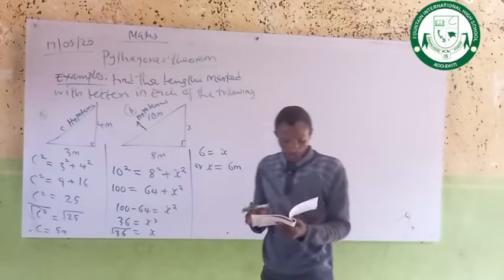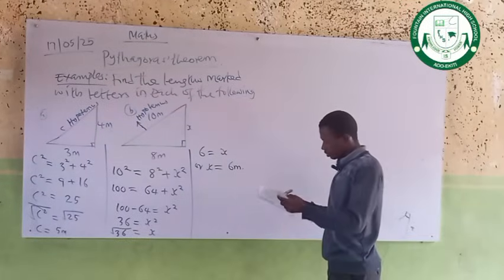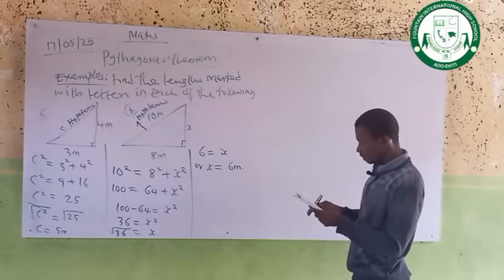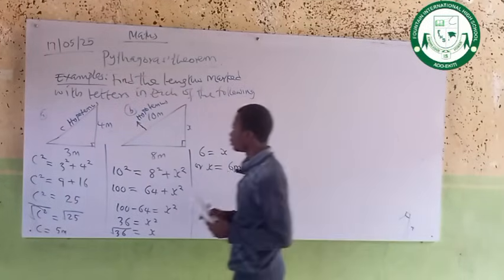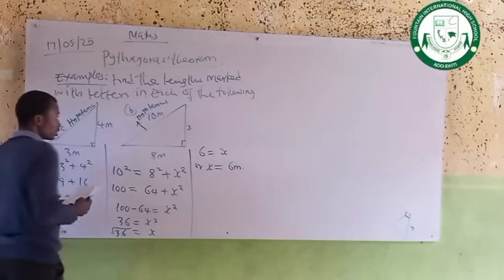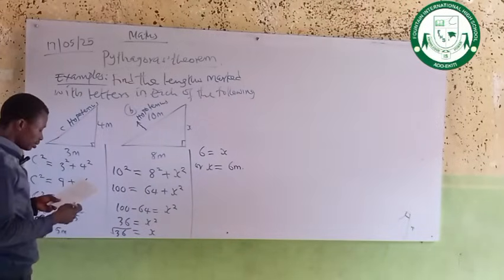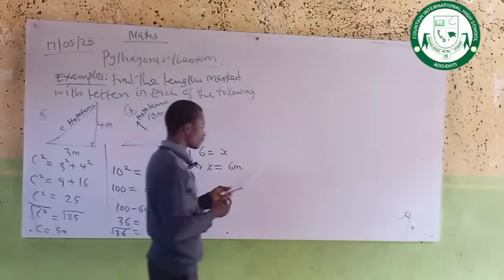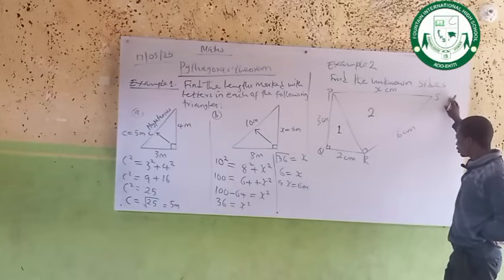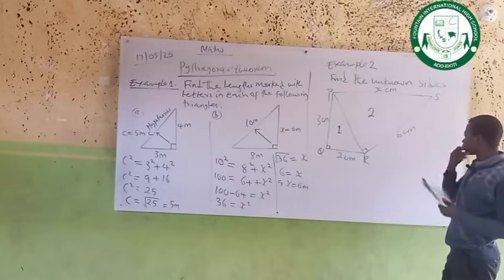Let's look at another example. This one is a little bit more difficult than these two, but it's still the same method. It's very simple when you apply it. Two triangles joined together.